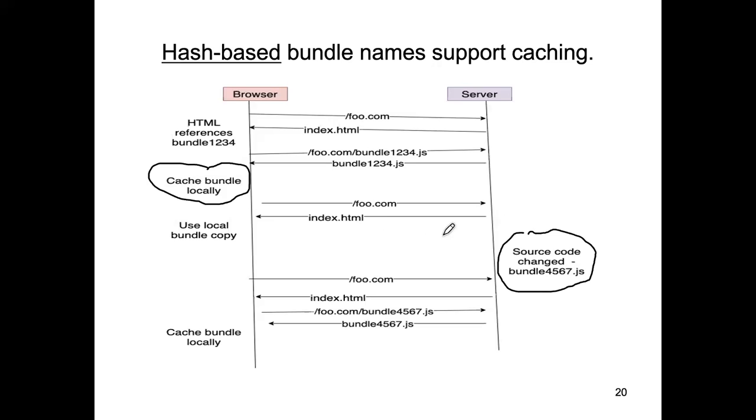It doesn't have to go all the way back to the host server. So that's how caching works with this whole idea of bundling web apps. And it's all because of this hash-based naming convention that Webpack uses.